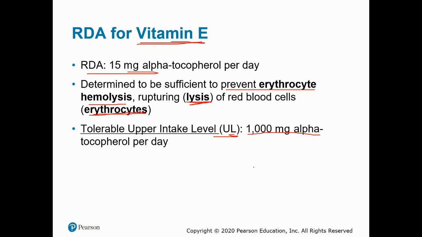So with most fat-soluble vitamins, the RDA might be set a little bit lower, and a tolerable upper intake level is likely to be established, because we can reach toxicity levels with fat-soluble vitamins because we can store them.